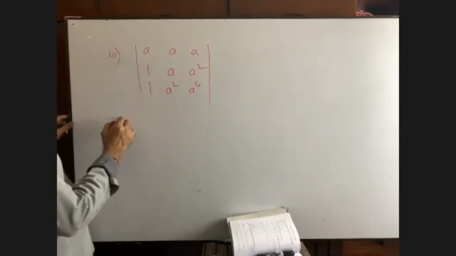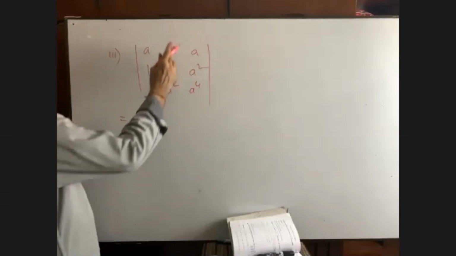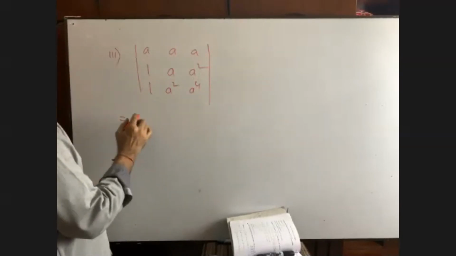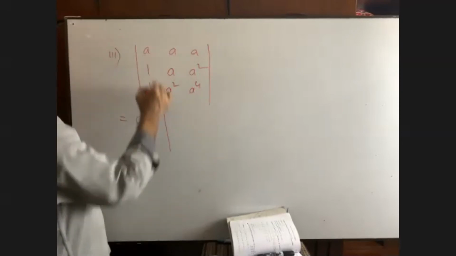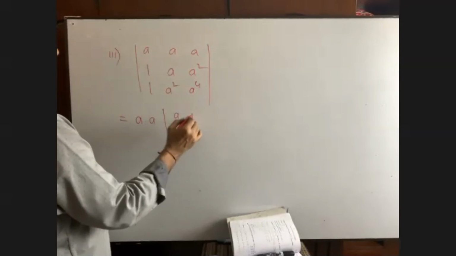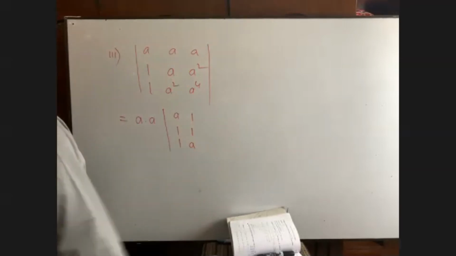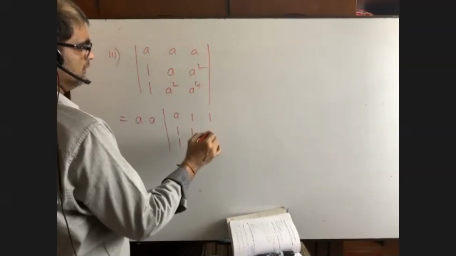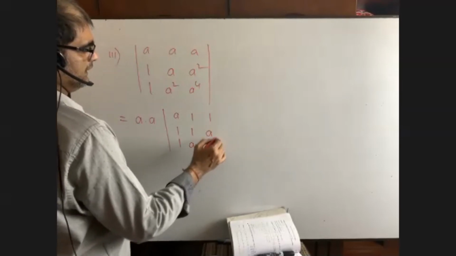Now what can be done here? From here a can be taken common, and from here a can be taken common. That is a into a, 1, 1, 1, 1. A has been taken common, so that is 1 a. It is a cube. Is it or not?